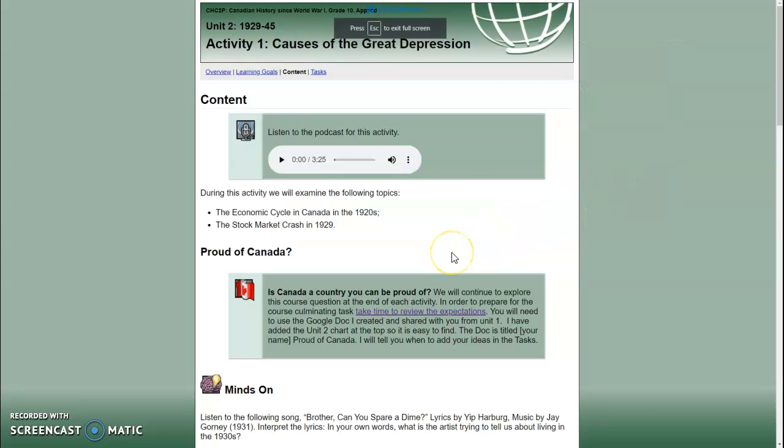There we go. All right, so this activity we're focusing on the economic cycle in the 1920s and the stock market crash. So there is that whole concept of significance. Why are these things important? Well, it set forth a huge chain of events.